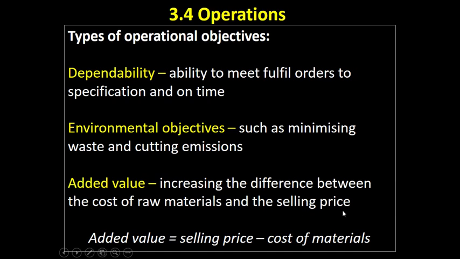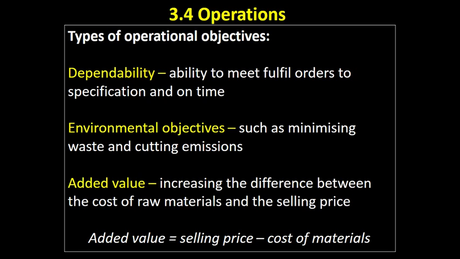And finally, there may be some targets around increasing the amount of added value. Added value is defined as the difference between the selling price and the cost of the raw materials, and it's an indication of how much value the business has added to that product. If you think about a plain white t-shirt, if you take the raw materials, which is cotton, you manufacture that into a t-shirt, that t-shirt is more valuable than the cotton.